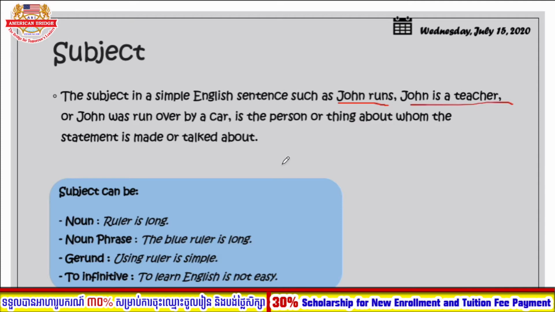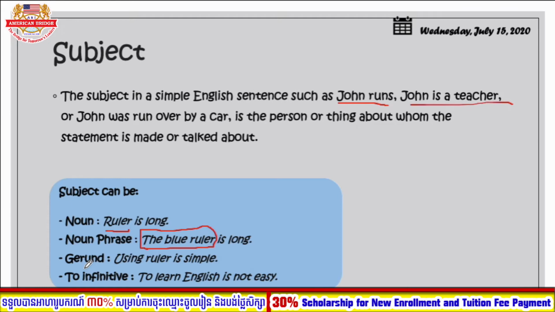So for the subject of the sentence, if you look at the grammatical rule, you can use a noun as the subject here. For example, let's say, ruler is long. So ruler is the subject, which means it is very important. We can also use a noun phrase, which means 2 or more words. The blue ruler is long. So here, the blue ruler, all of these are called a noun phrase.